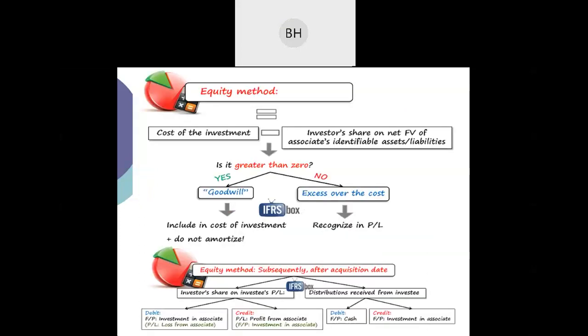We can see that for the equity method after the acquisition date, for the distribution of the dividend, the parent should debit cash and credit investment in associate, right? So why will the distribution of dividend decrease our investment? Yes, it will decrease your investment.